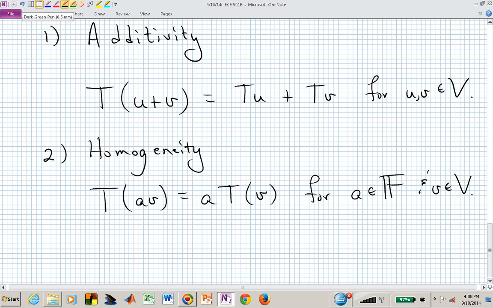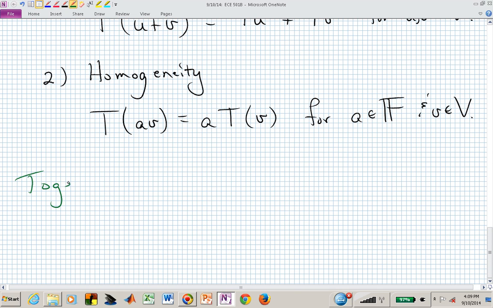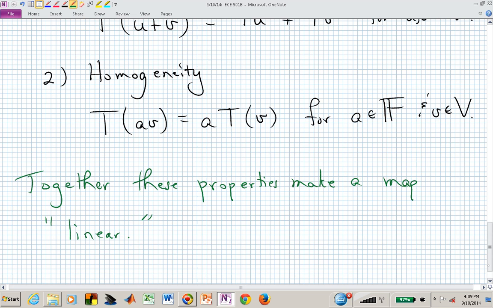If our map has these two properties, then it will be a linear map. And we need both of those. Together, these properties make a map linear.